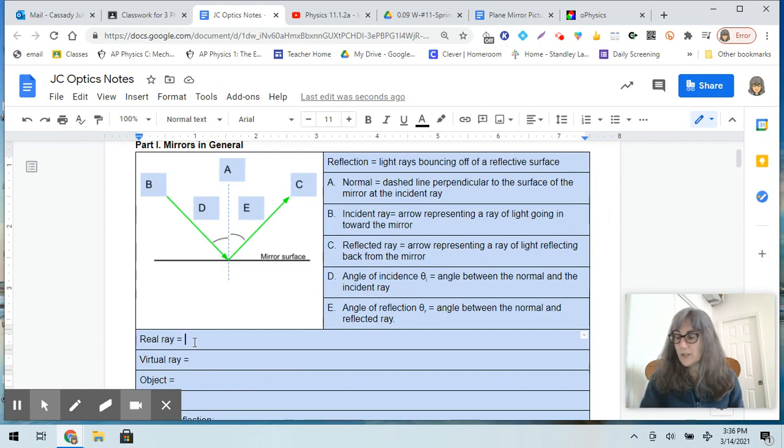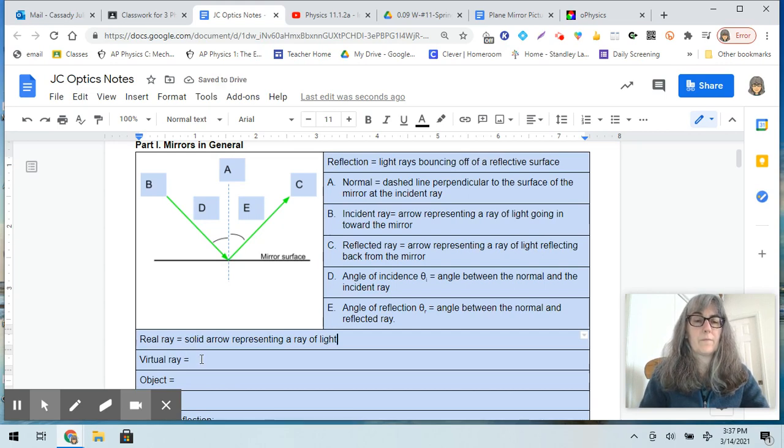Okay, a few more definitions. So a real ray is a solid arrow representing a ray of light that actually emits.